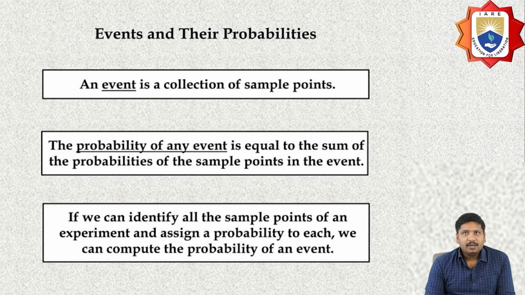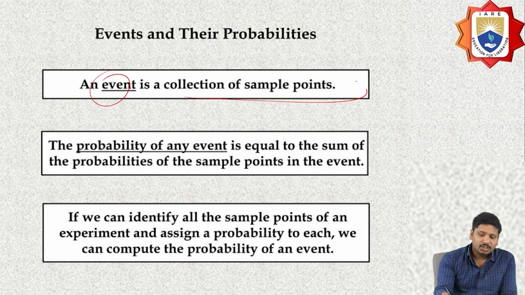Then what is an event and its probability? An event is a collection of sample points, and the probability of any event is equal to the sum of the probabilities of the sample points in the event. If you identify all the sample points of an experiment and assign a probability to each, you can compute the probability of an event.